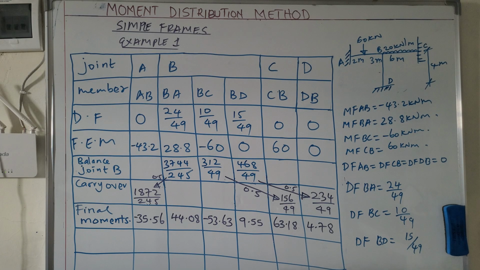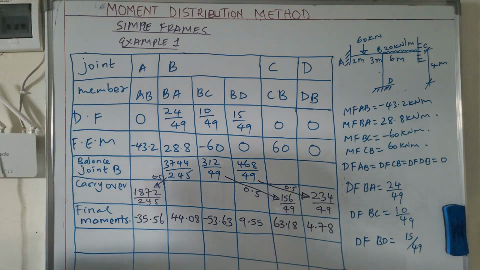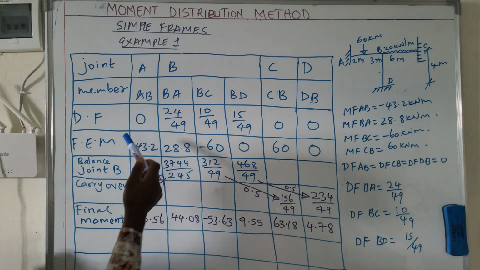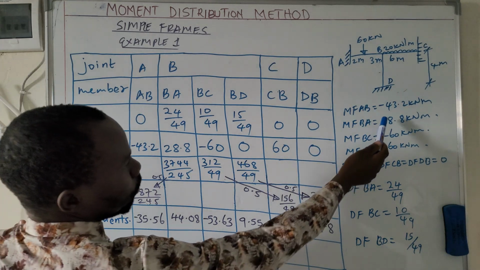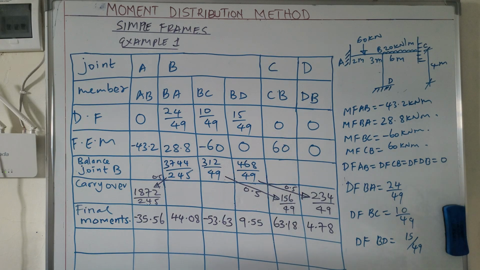And then we come to fixed end moment. We already calculated our fixed end moment and it is here. So pick what corresponds to each member and insert in that box. For example, member AB, the fixed end moment for AB is negative 43.2. You put it there.